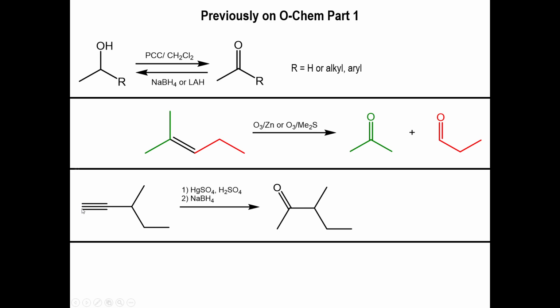And so that will mean that the mercury will tend to hang around the terminal carbon of this alkyne. And then that allows for water, since you're doing this in aqueous solution, to attack. The water attacks the more hindered carbon, which ultimately allows you to prepare a ketone. And then sodium borohydride is there simply to reduce the mercury back to elemental mercury and get it out of the way.